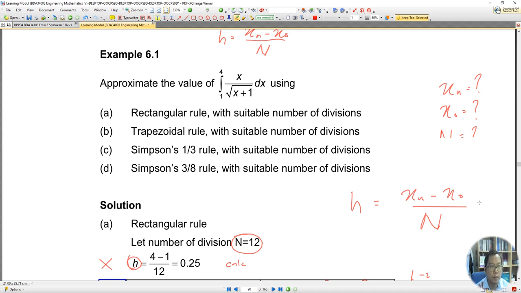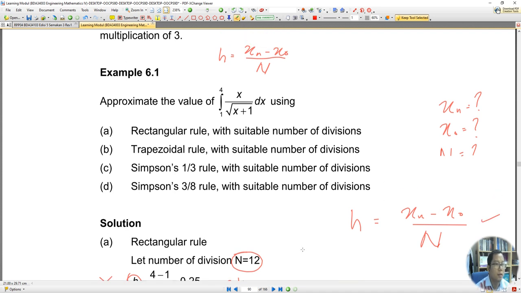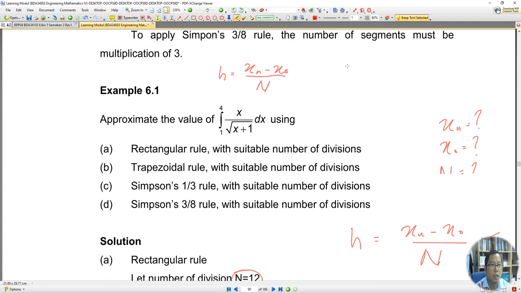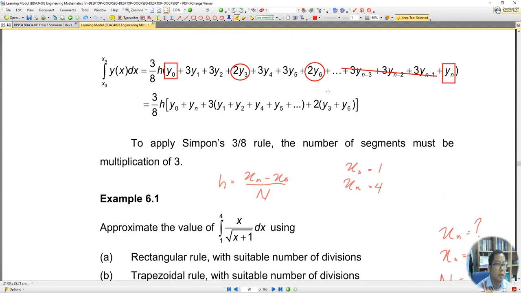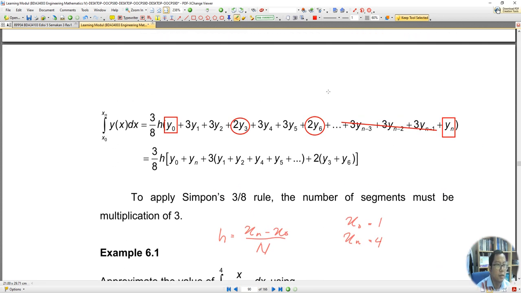I already put this one here. So what is the xn? x0 is 1 and xn is 4. So what is the n number?